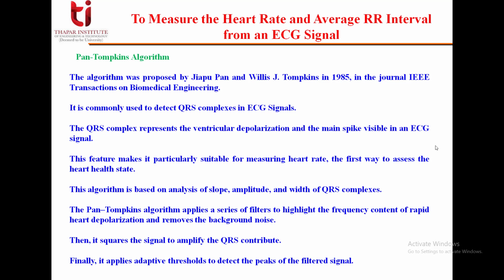Previously, we have discussed this, but in that we were not using an adaptive threshold. In that we were using a constant threshold, mainly 1. But in this we are using an adaptive threshold to detect the peaks of the filtered signal.